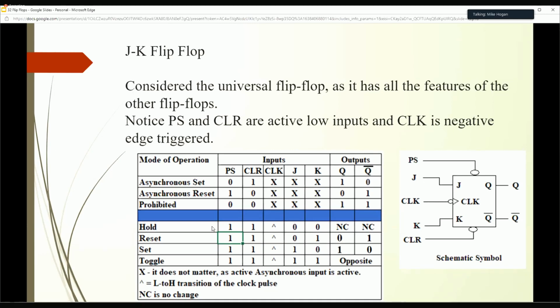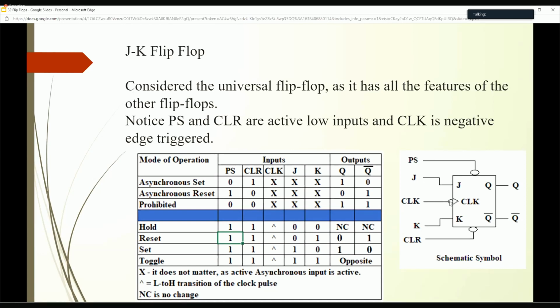We go and we look at our synchronous inputs. Our synchronous inputs do not have a state indicator on J or a state indicator on K. Notice there is a state indicator here on the clock pulse.